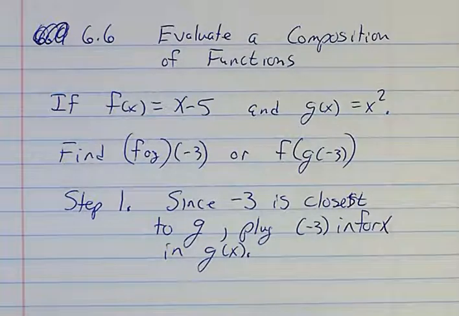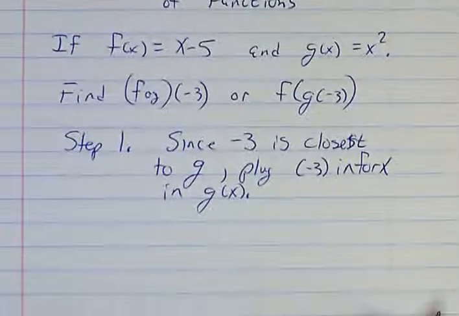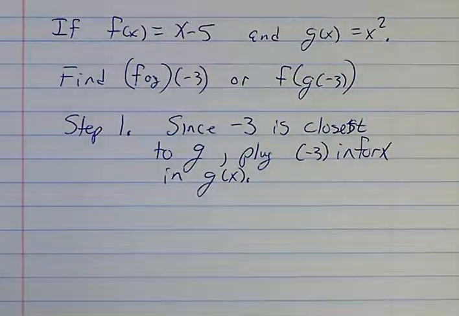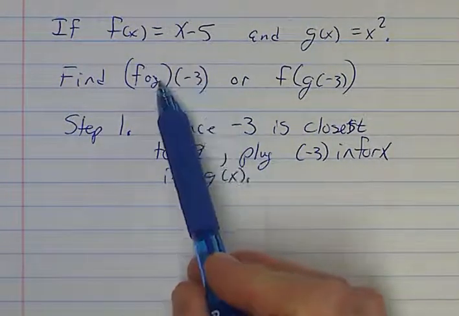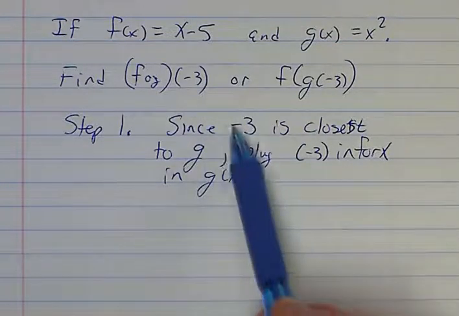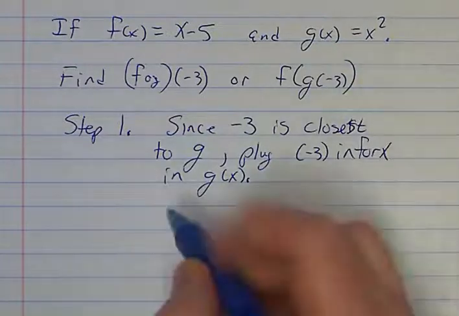And that'll be the case every single time when you go through these. So if they ask you to evaluate, where instead of just giving you an x value they give you a number, you're going to take that number and plug it into the function that's closest to, whether that's f or g. So for this one, we're going to take the -3 and plug it in here.